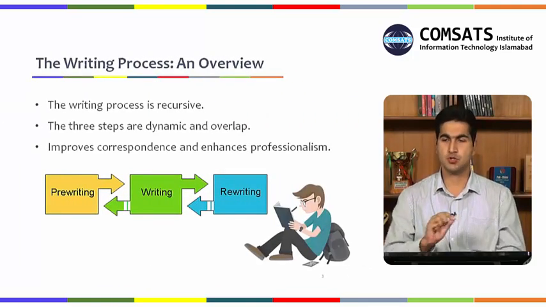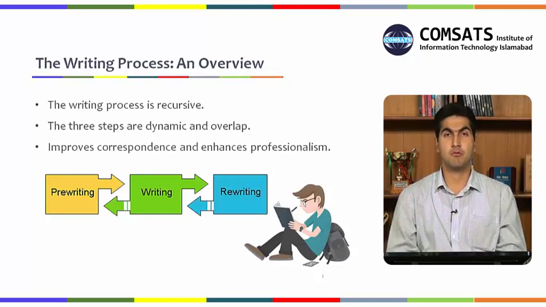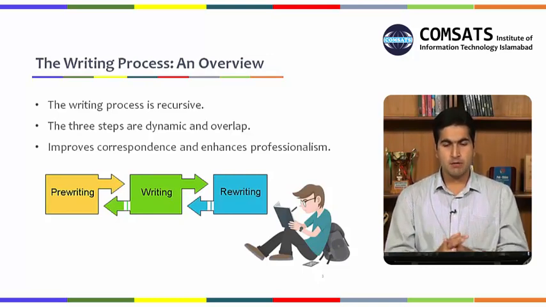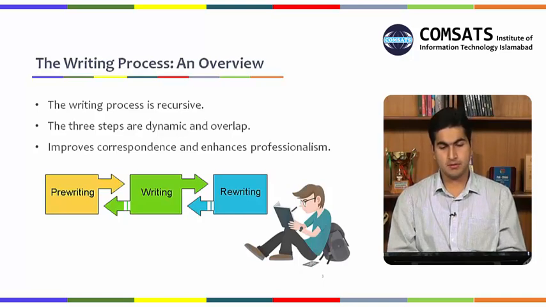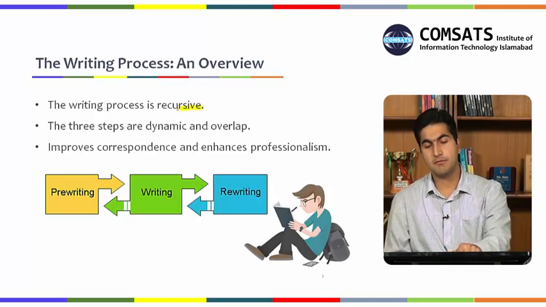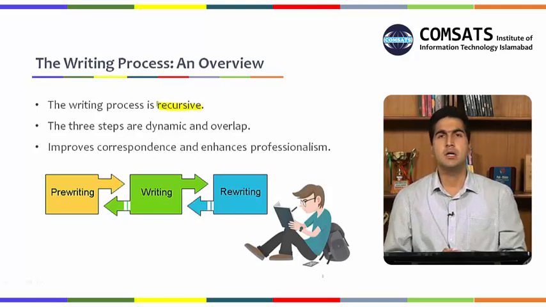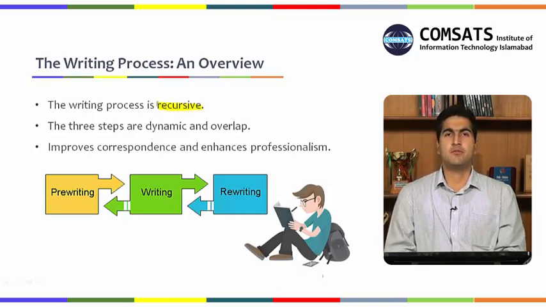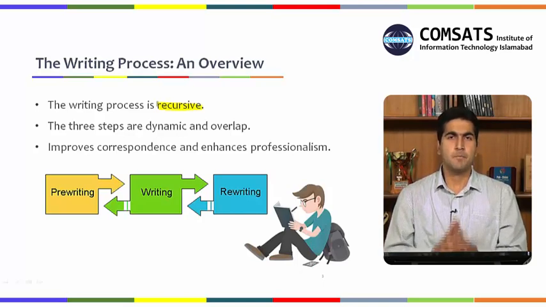Stage 2, in which you have to come up with your writing. Giving you an overview, you can clearly see over here that the writing process itself is recursive. Now what do we mean by this word recursive?